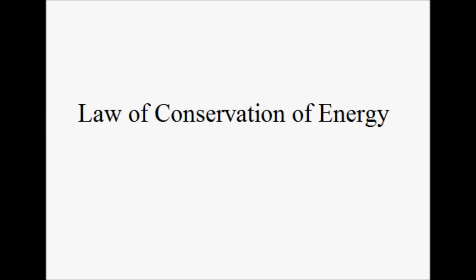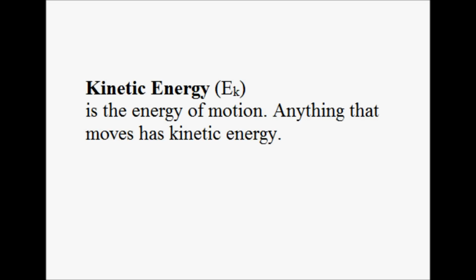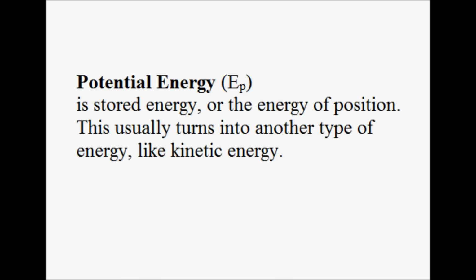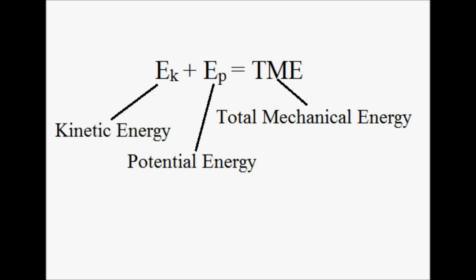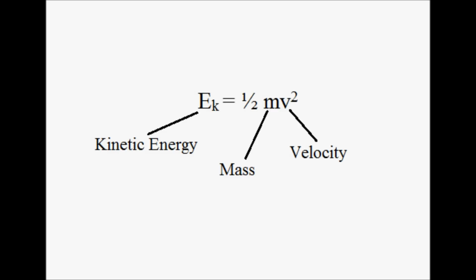Now, in order to understand what that swing does, you need to understand the law of conservation of energy. This law states that the kinetic energy, the energy of motion, added with the potential energy, which is stored energy or the energy of position, is always equal to the total mechanical energy. To find the kinetic energy, you do 1/2 of the mass times the velocity squared, so EK equals 1/2 mv squared.